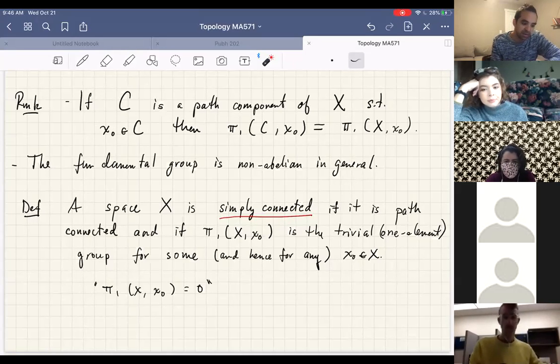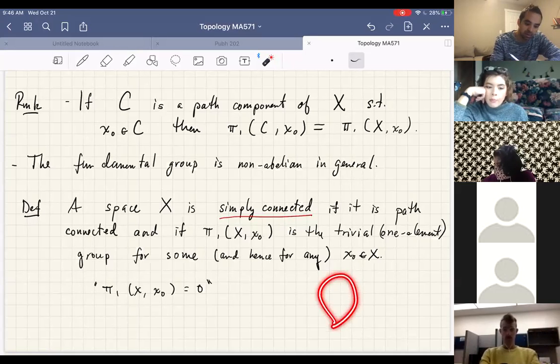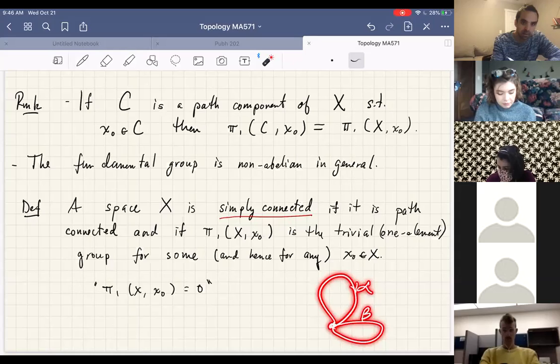Another remark is that the fundamental group is not abelian in general. In many cases it will be abelian, but there's no reason a priori why the star operation is commutative. If I do alpha and then beta, there's no reason why that's the same as doing beta first and then alpha.